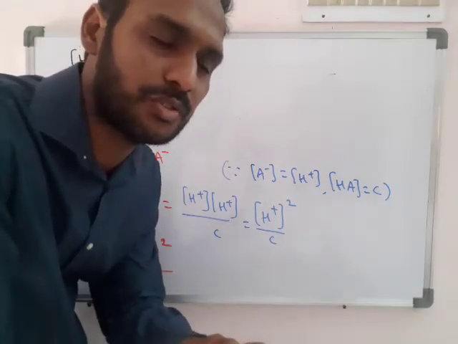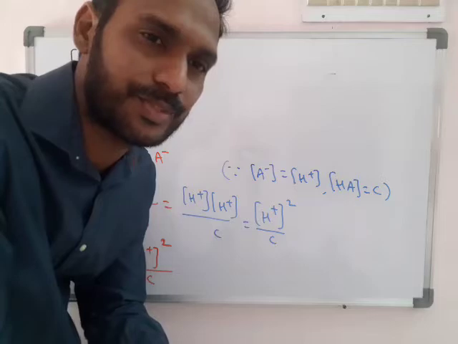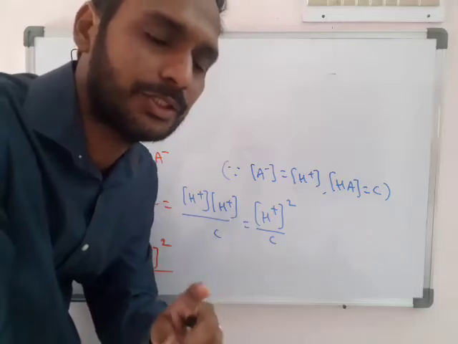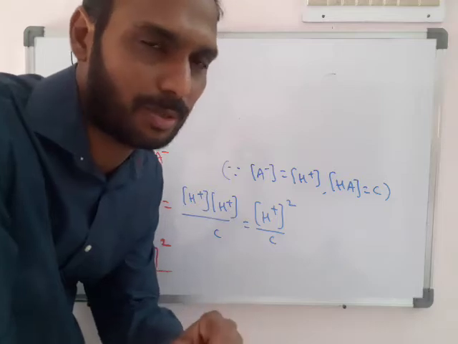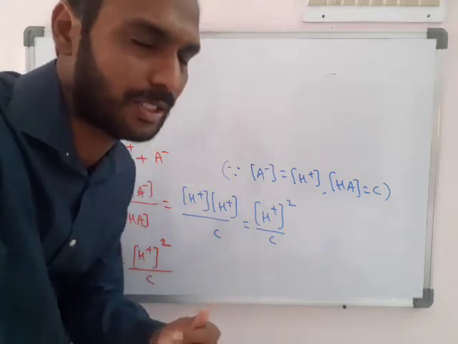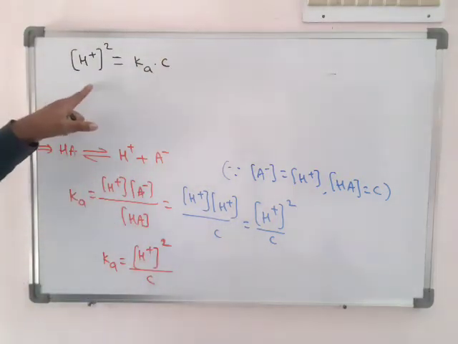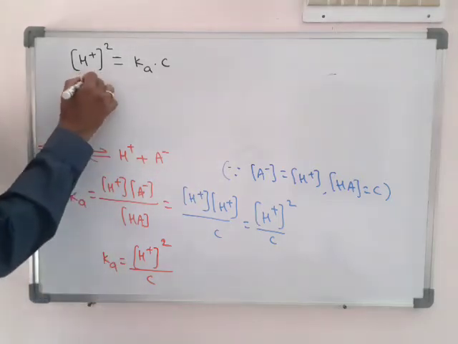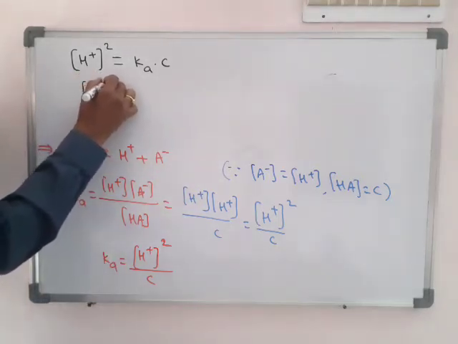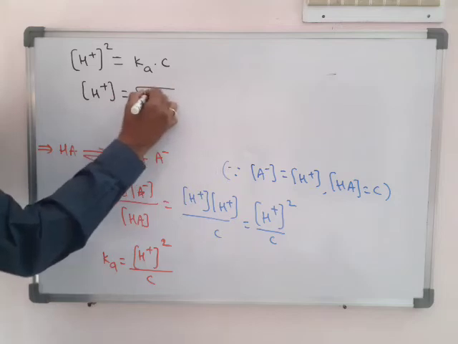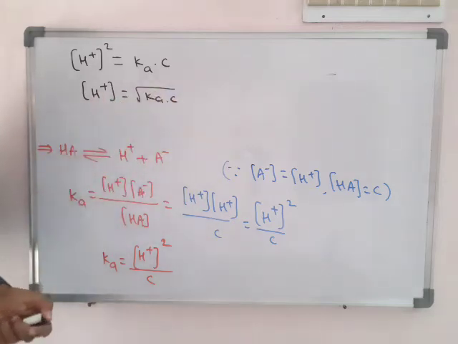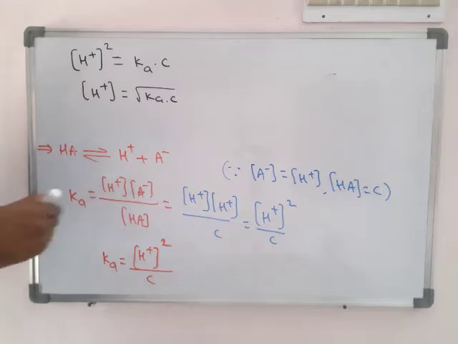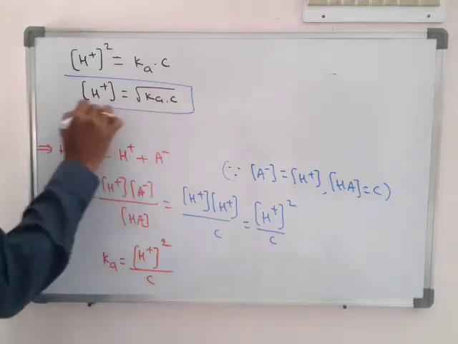These are very important to calculate acid strength problems and base strength problems. If you want only H plus, it is equal to root Ka into C. You have to remember it.